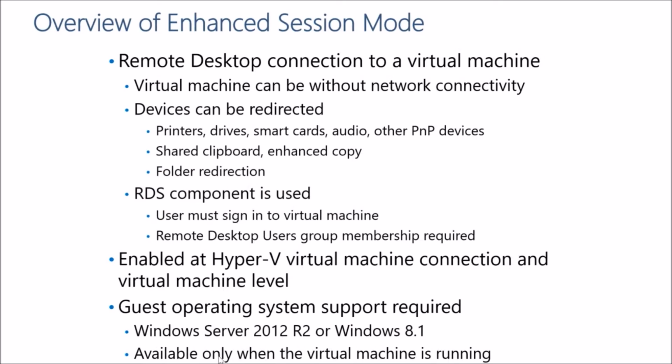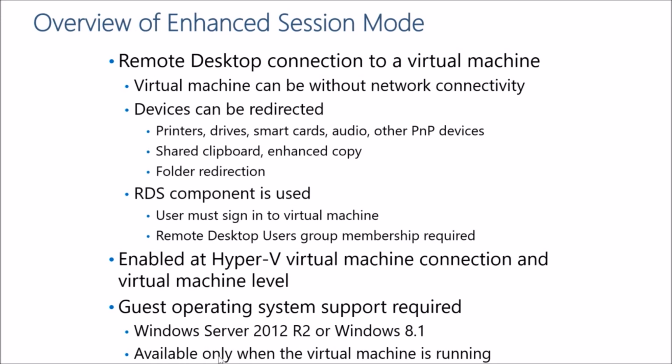Enhanced session mode is a remote desktop connection to a virtual machine, so we have to enable that. Virtual machines can be without network connectivity. That means we can connect to that without network connectivity, so we don't have to rely on a remote desktop. Devices can be redirected, similar to what we know. We can redirect, obviously, speakers, printers, USB, and folder redirection, as well as shared clipboard for enhanced copying.